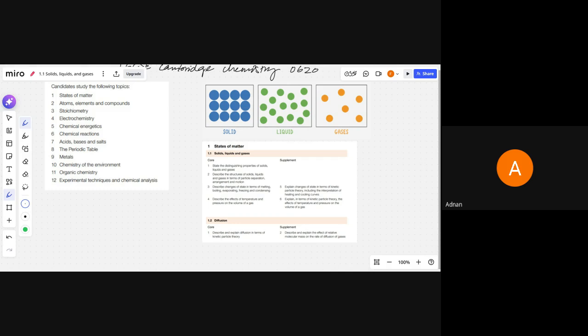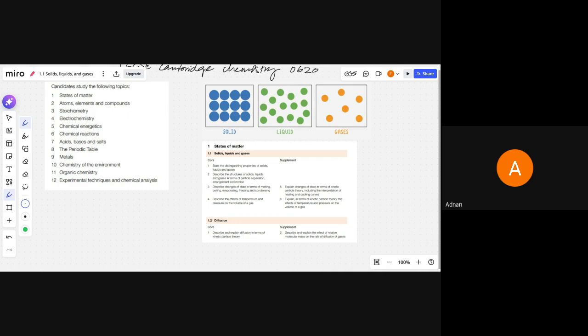As we can see, in a solid state, particles hold a regular arrangement and have the least amount of energy, and the particles vibrate in fixed positions. So remember that the motion here is vibrational motion, and their arrangement is regular, and for solids there is no separation between particles.